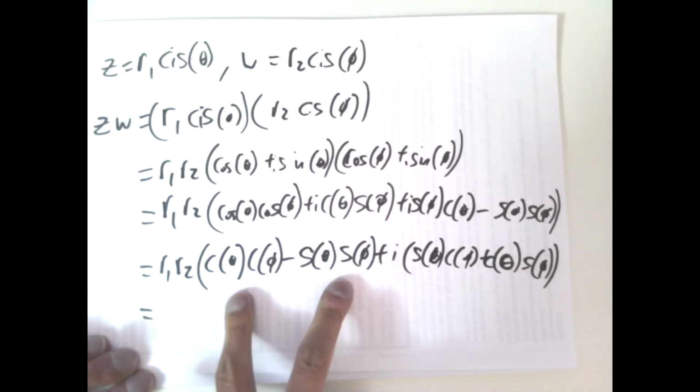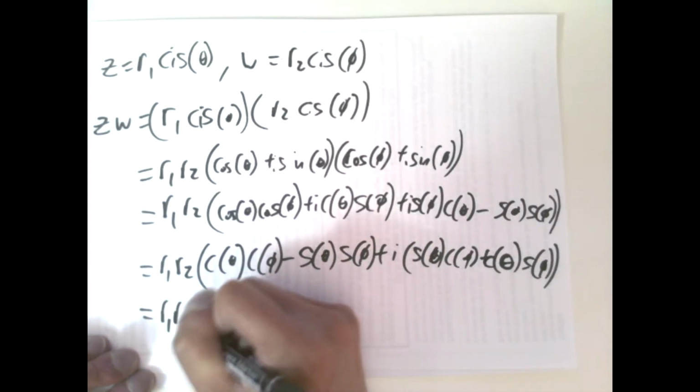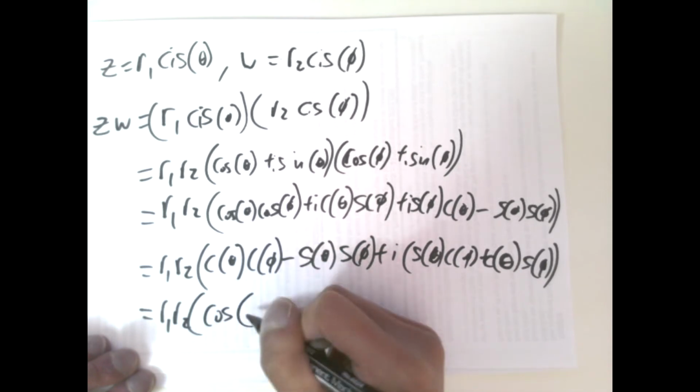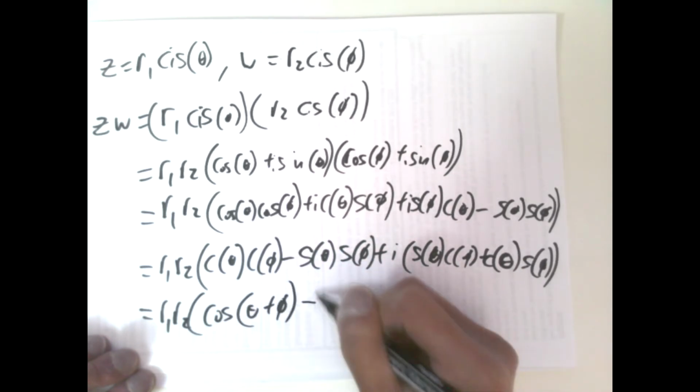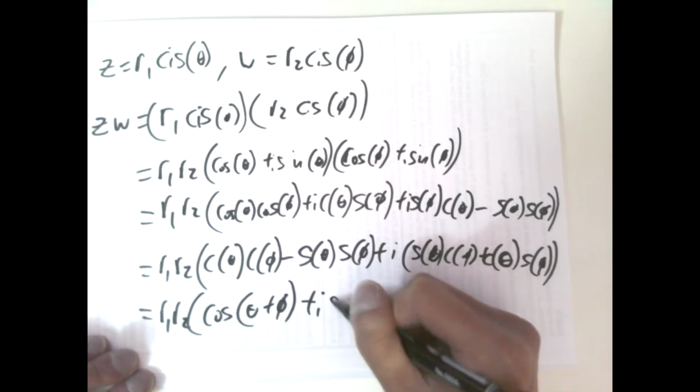And what is this? This is the cosine addition formula. And sine theta cosine phi plus cosine theta sine phi is the sine addition formula.